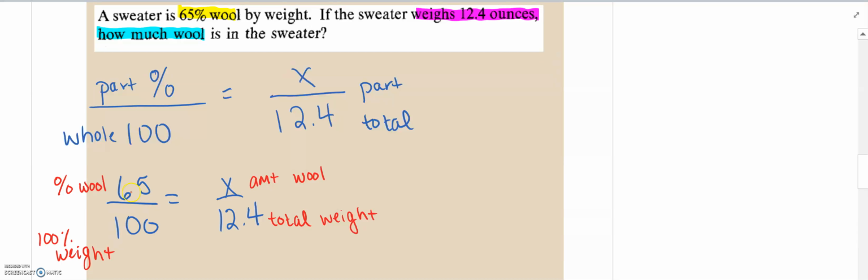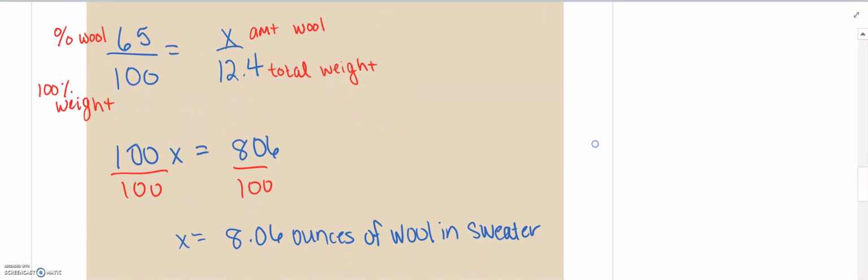Because 65% tells you how much wool is in the sweater as a percent. We want to know how much wool is in the sweater as an amount. So wool goes across from wool. And then the total weight of the sweater goes across from 100%. So now we just cross multiply and solve, and we get 8.06 ounces of wool in the sweater.